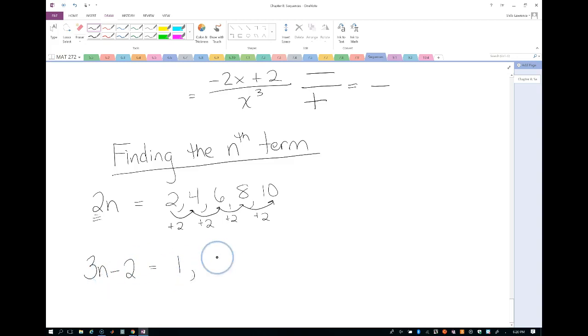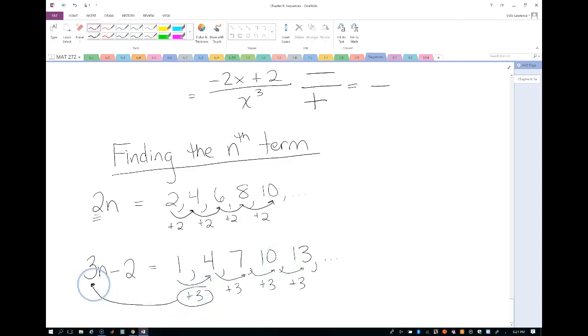If we plugged in 2, we'd get 4. If we plugged in 3, we'd get 7, and then 10, and then 13. And if you check what's happening from term to term, every time we're adding 3. So there is a common difference between each of the terms. That common difference is going to translate into multiplication.